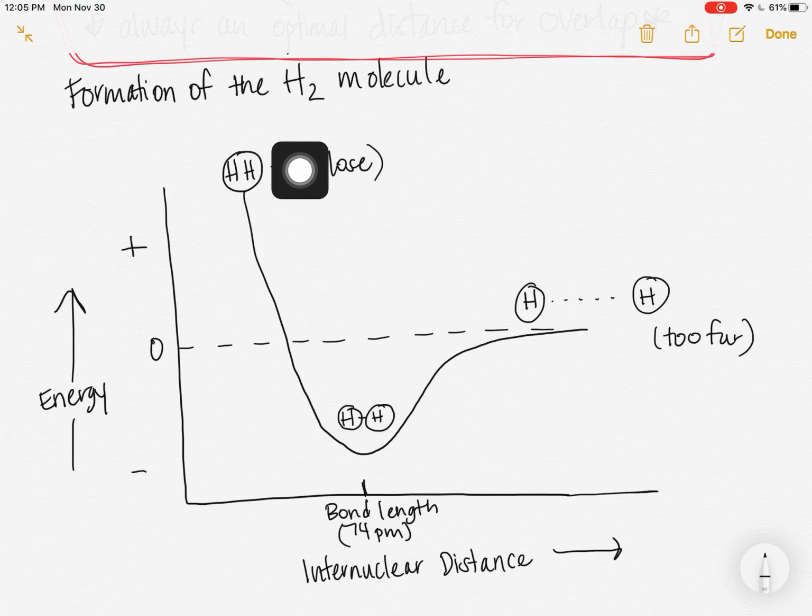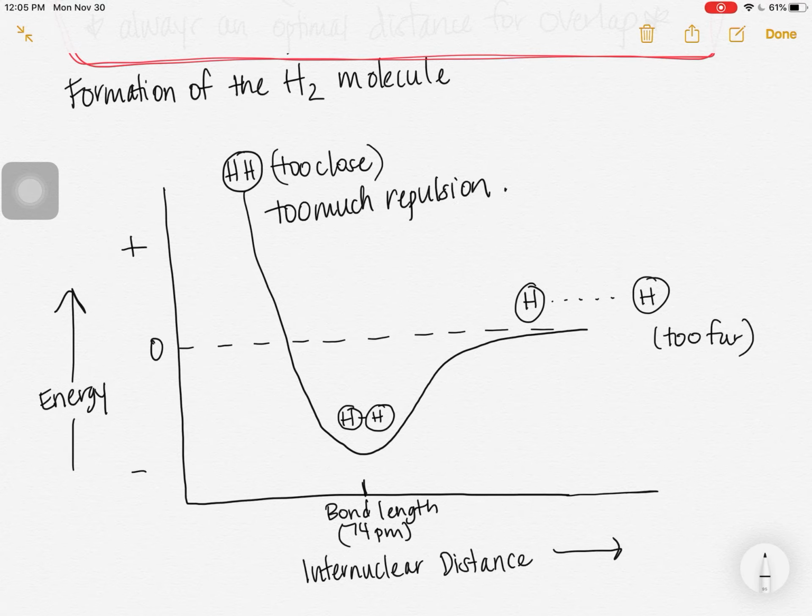So when we look at the hydrogens being too close together, the internuclear distance is very small. So the nuclei are too close, they're kind of on top of each other. And look at the energy. It's very high in the positive value. There's too much energy associated with this. What's going on up there is we have too much repulsion.